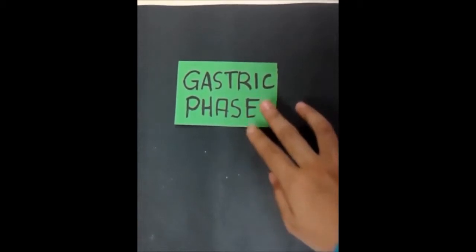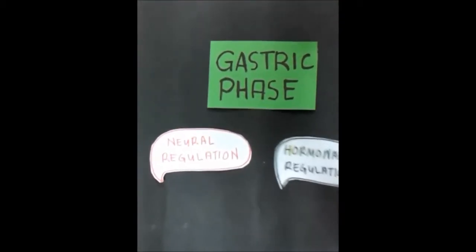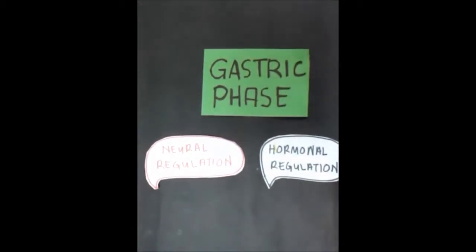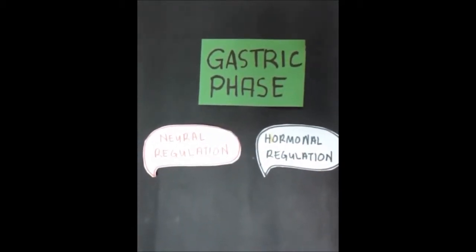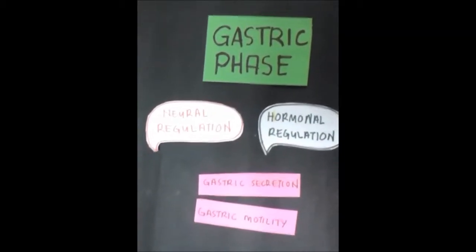The gastric phase is regulated by neural regulation and hormonal regulation. The function of the gastric phase is to promote gastric secretion and gastric motility. Neural regulation starts when food reaches the stomach.